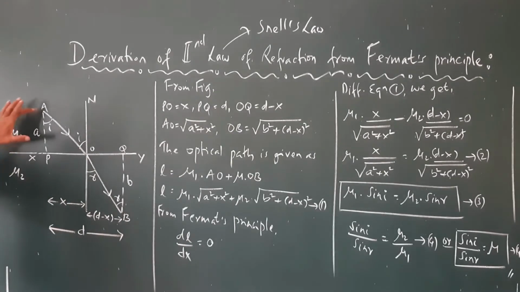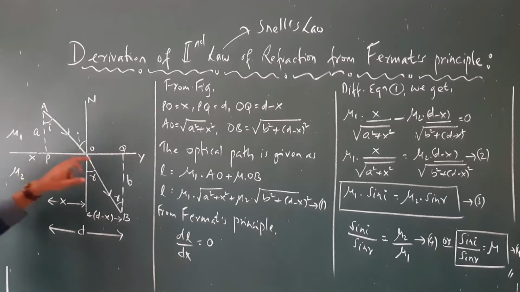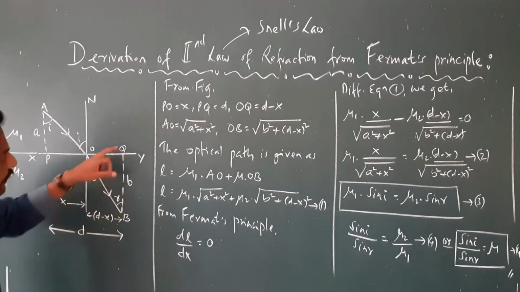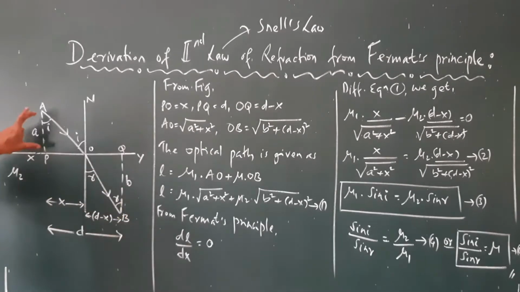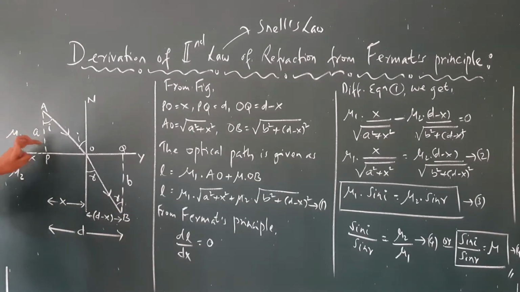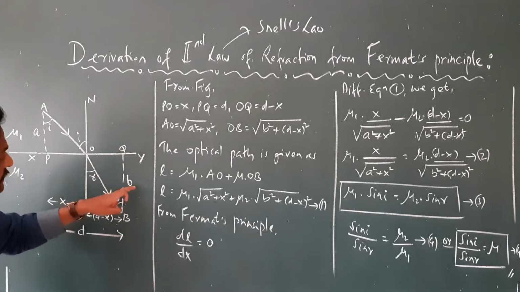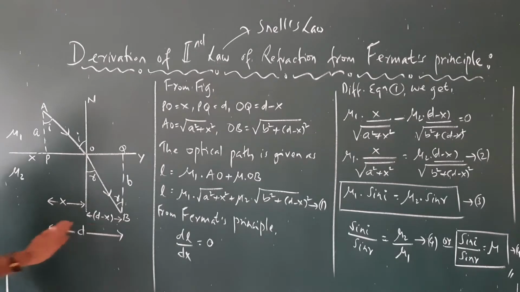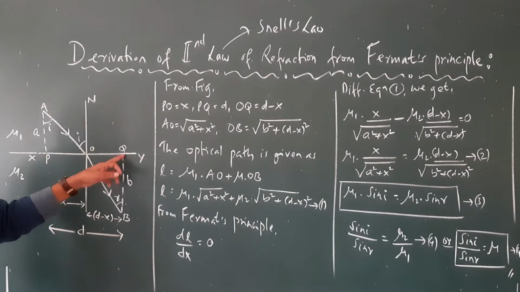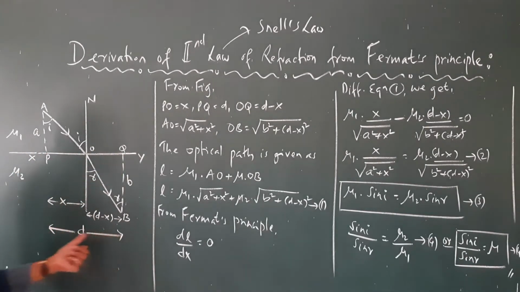Then we draw a perpendicular from A to the axis XY. The distance AP is taken as a, and the distance BQ is taken as b. The distance from P to Q is taken as d.